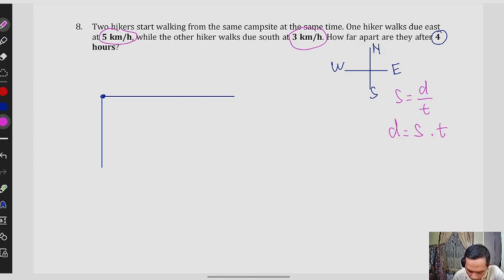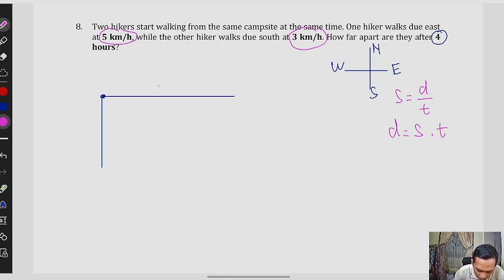Logically, 5 kilometers per hour means you reach 5 kilometers in 1 hour. In the second hour, 10 kilometers, the third is 15, the fourth is 20, so 5 times 4. Speed multiplied by time.